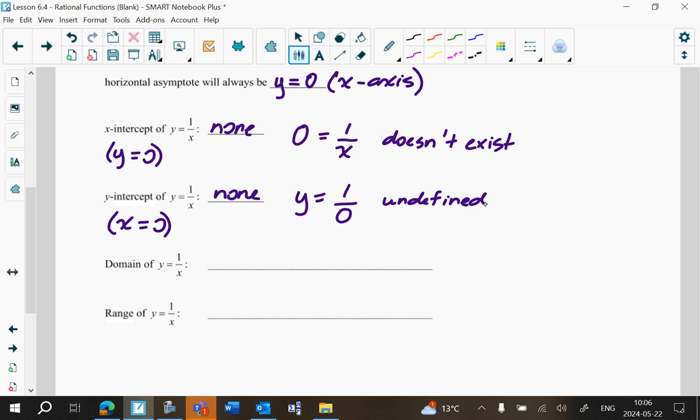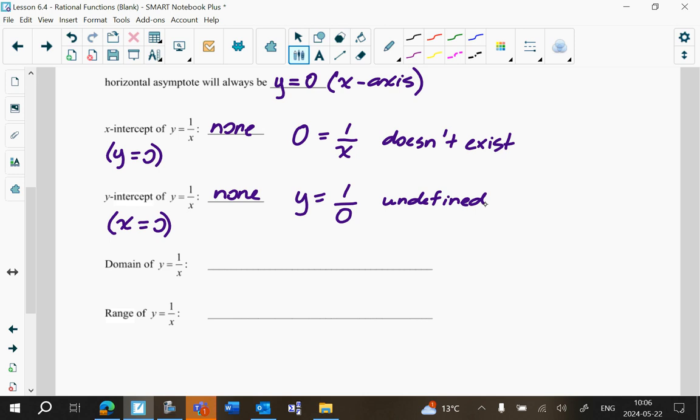Okay, this one's the domain and range. Remember we usually use interval notation? Actually, interval notation is not good in this case. If we did interval notation, x is every number on the graph, except for what? What can't x be? 0.